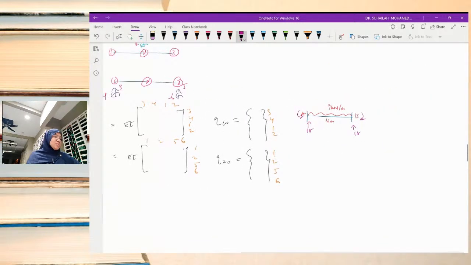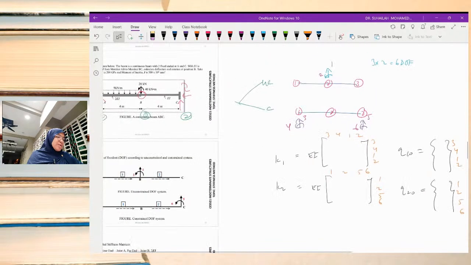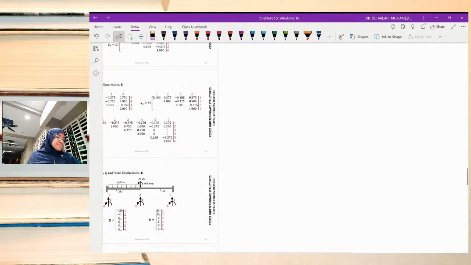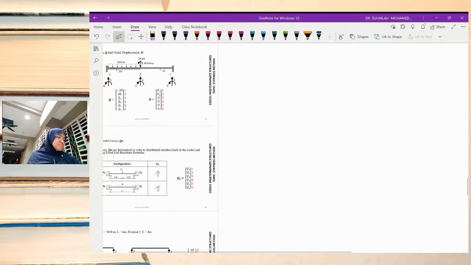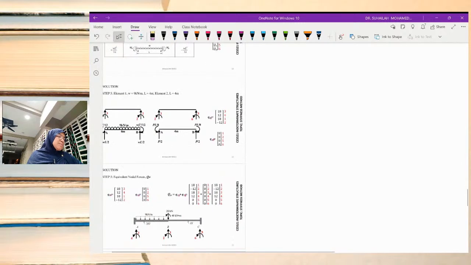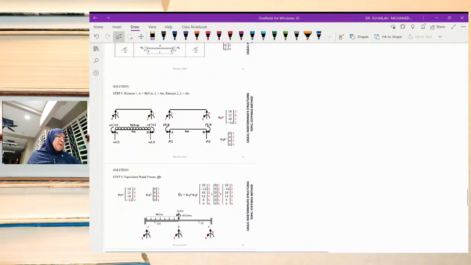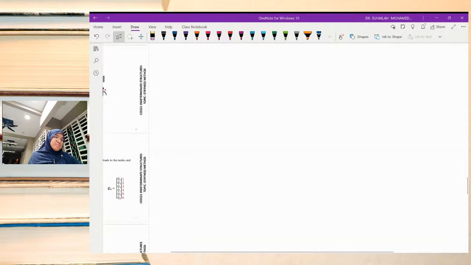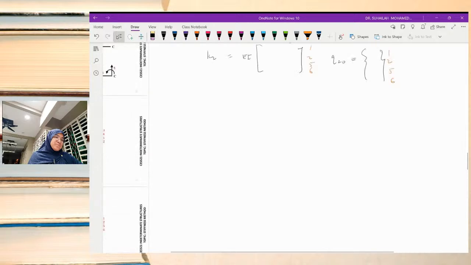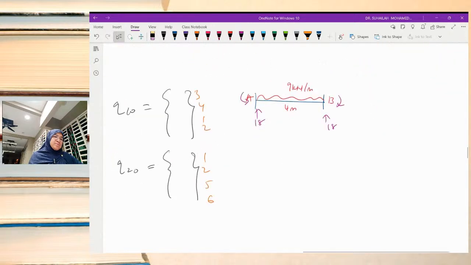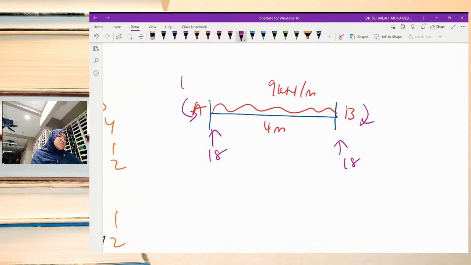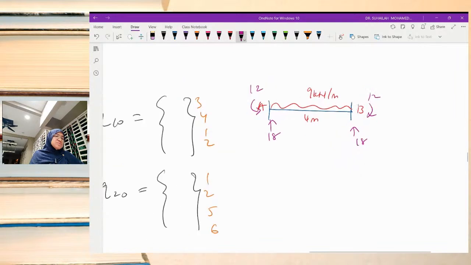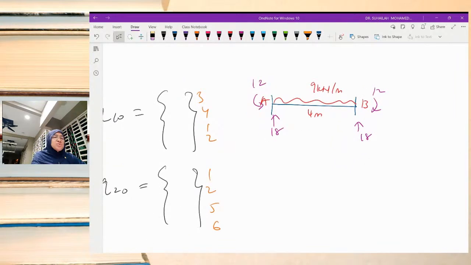WL squared over 12 is 12. So this is 12, and this is 12.